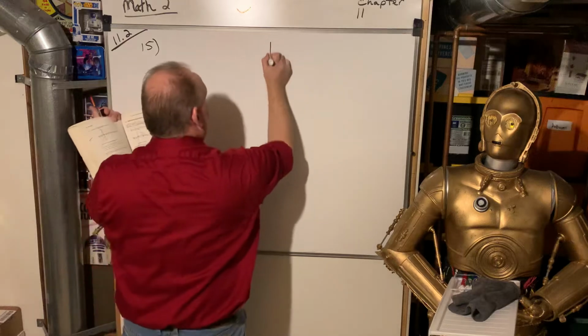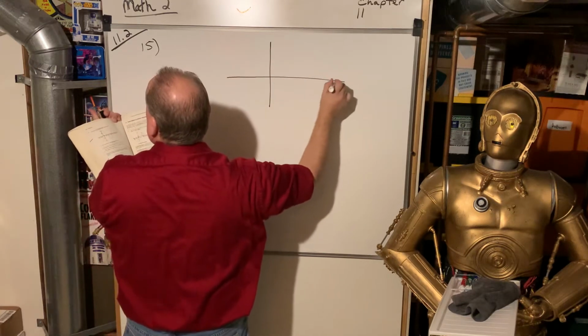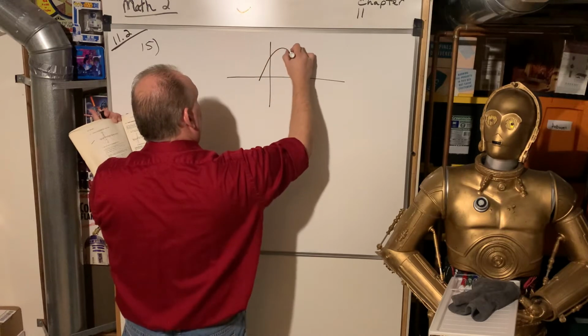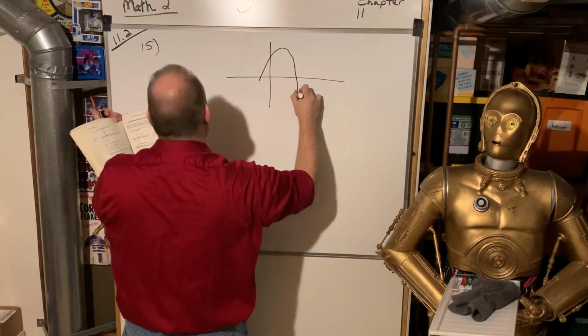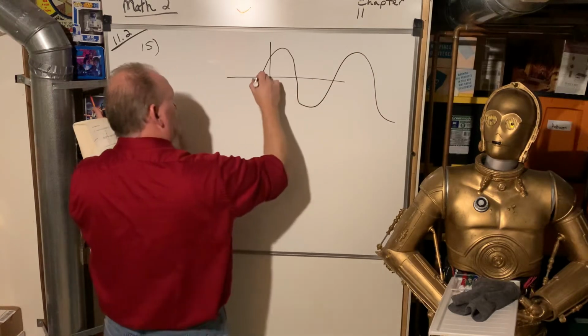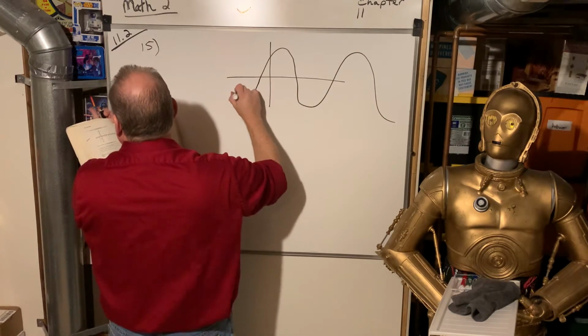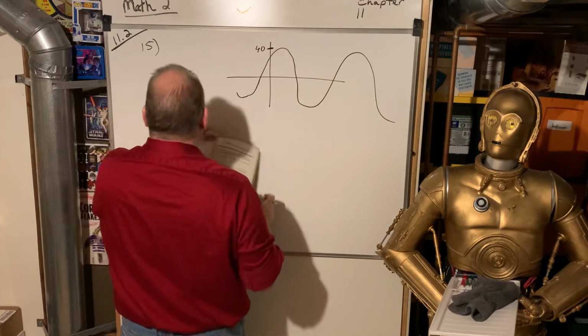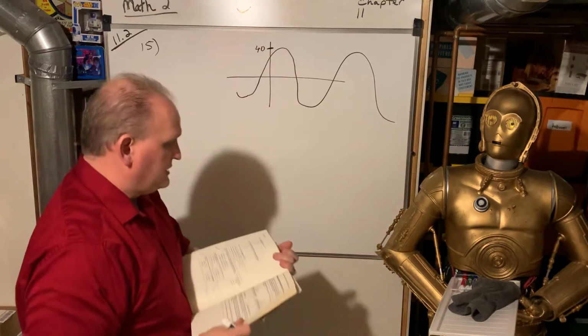And they have the sine curve drawn out for us, and it's going all the way up, it looks like, to 40 and down to negative 40. Sorry, I'm not a really good drawer, as you can see. Okay, so somewhere along those, and up as high as 40, and it looks like it's shifted.